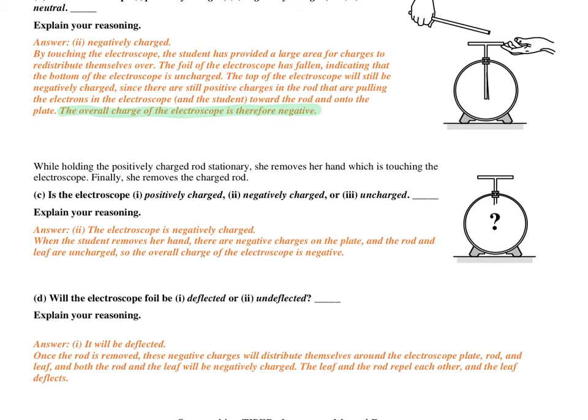Conducting free electrons from a person to the plate fixed that electron deficiency, removing the separation between leaf and rod. Removing the hand did nothing to remove the charge that was added. So you have a negative scope, you pull the rod away, no longer drawing electrons to the plate, and charge distribution equalizes so that you have a uniform charge distribution, charge density everywhere, thus making the leaf and rod the same charge, therefore repelled, and the leaf lifts back. So that's the long and short of that one.